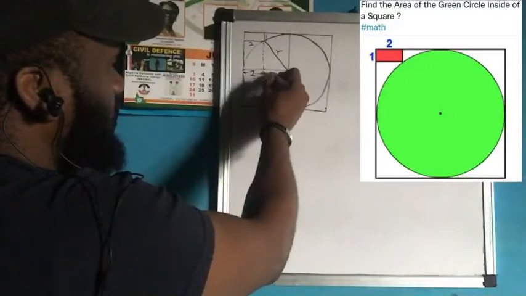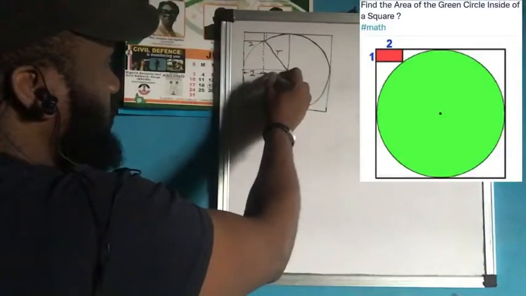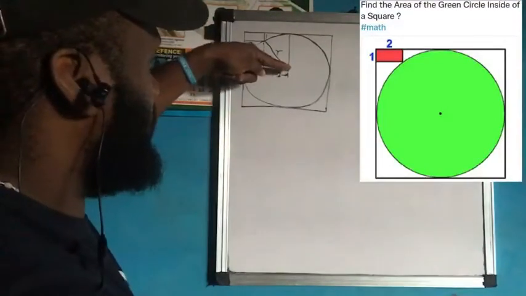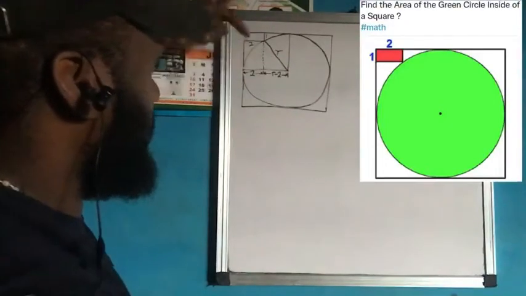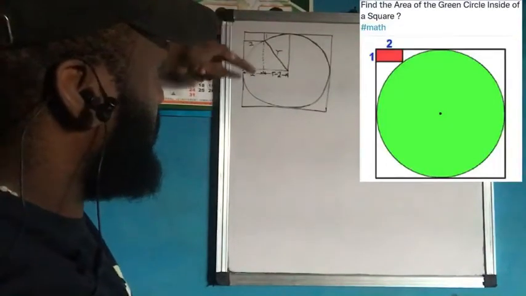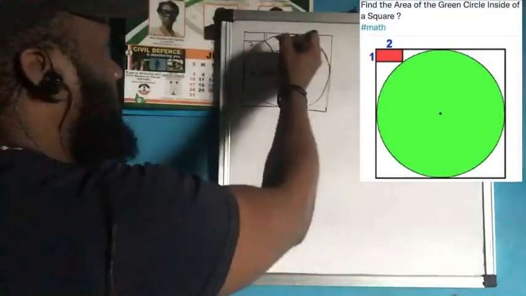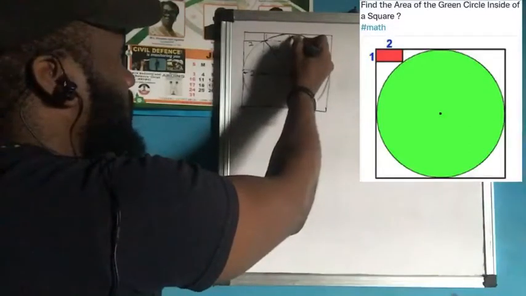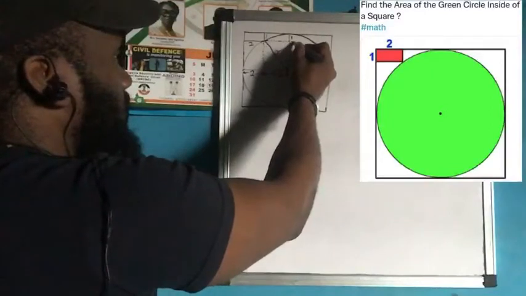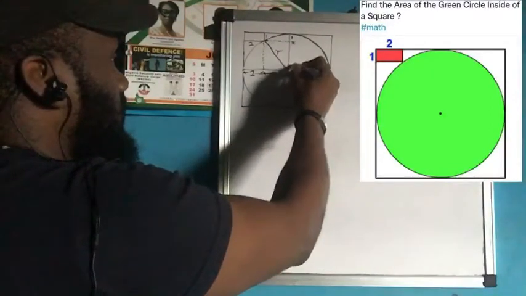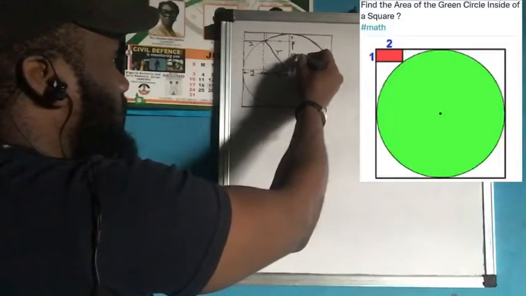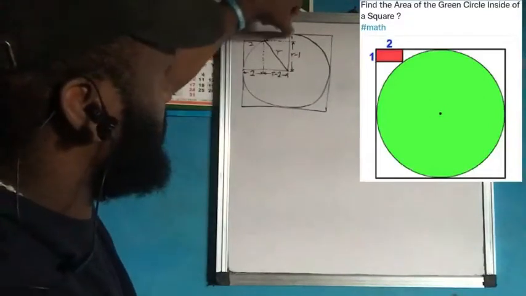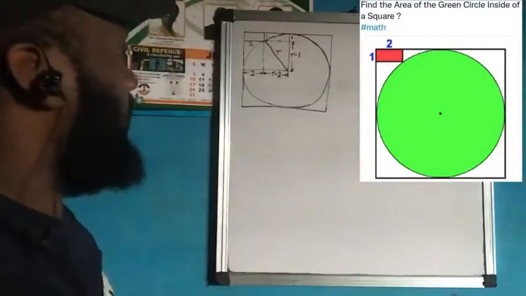Then from here to here should be r minus 2, since the entire length here is the same thing as the radius r. So if this part is 2, then this should be r minus 2, and the same thing at this place. If this length here is 1, then the length here will be r minus 1, since this is also r, and since here is 1, the remaining will be r minus 1.